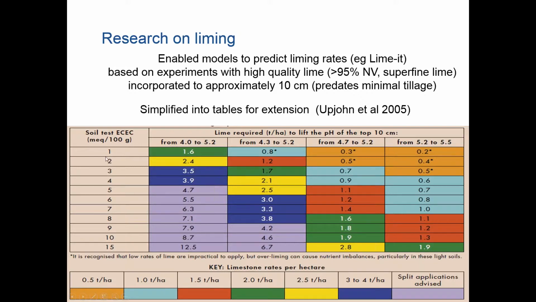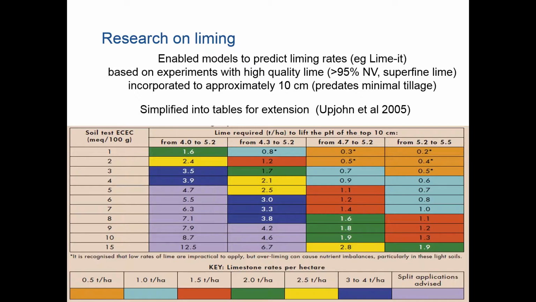In this column, the thing that changes how much lime you need for any starting point is ultimately a measure of the soil's buffering capacity, the soil's ability to resist pH change when you add an acid or an alkali to it. That buffering capacity is driven by things like the amount of clay and the amount of organic matter.